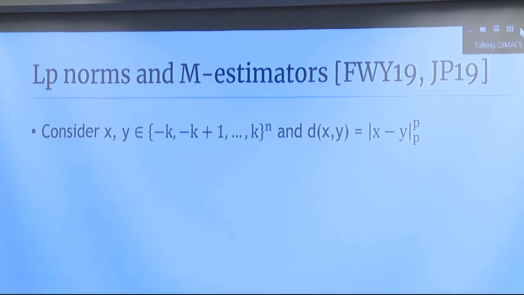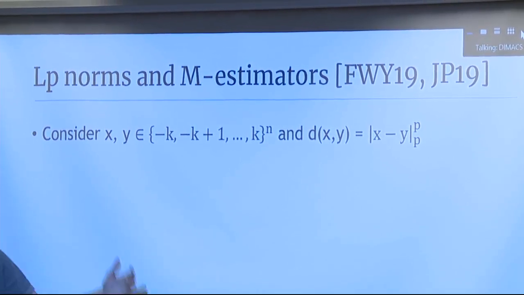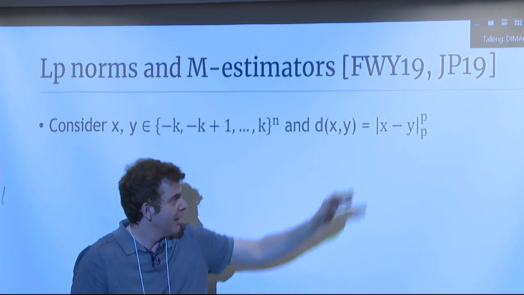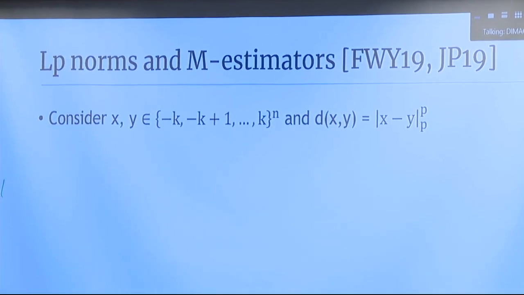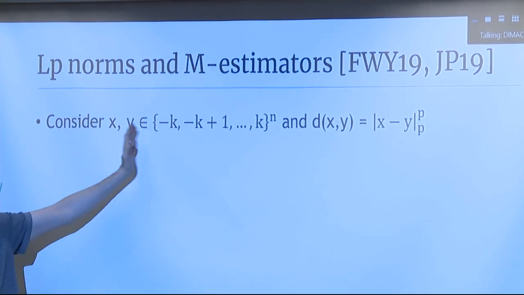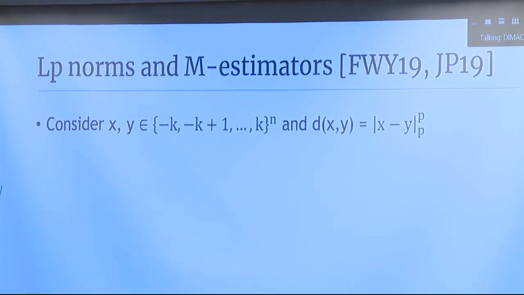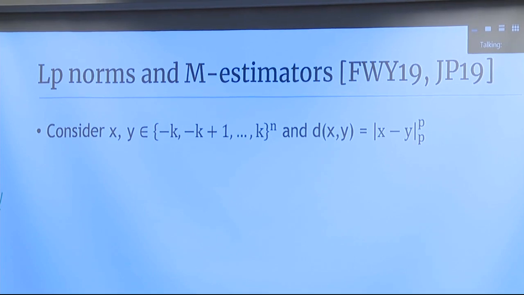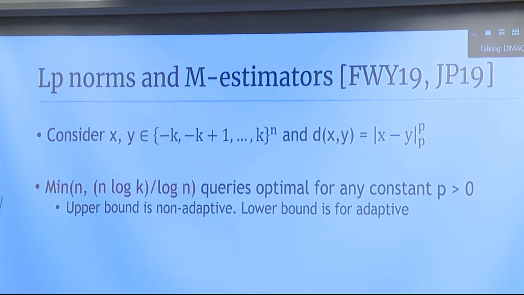So now we have the LP distance between x and y, just the sum of absolute values of the differences of coordinates raised to the p. And we're considering x and y to have integer coordinates between minus k and k. And we can ask the same question, right?